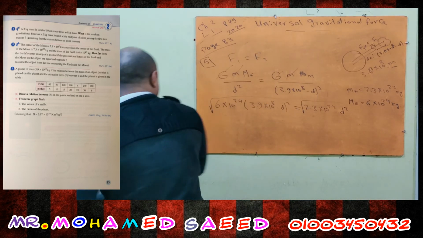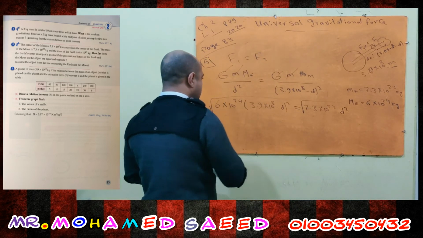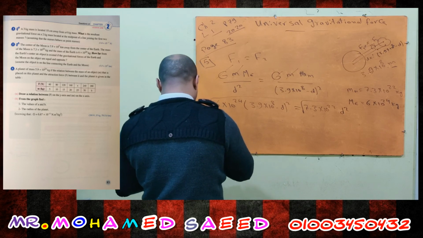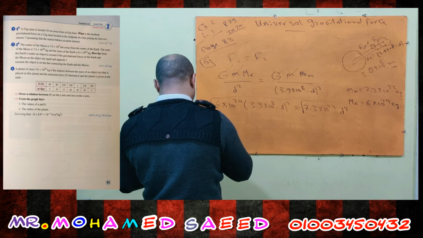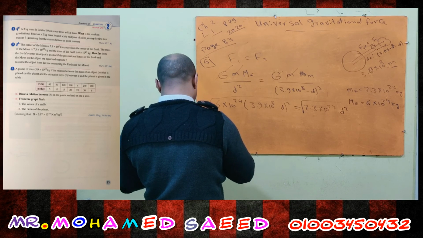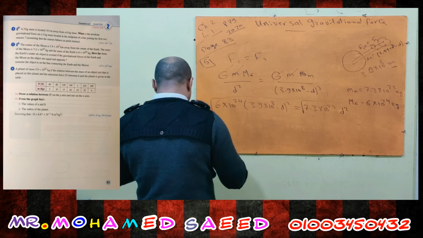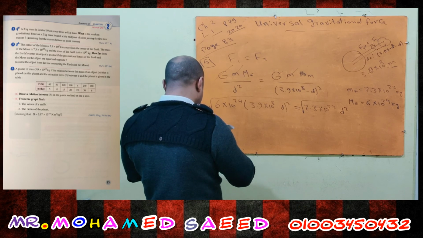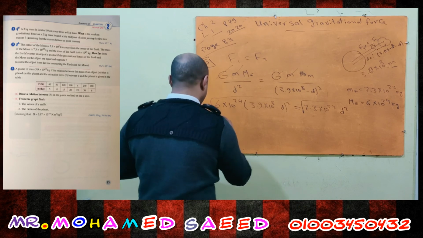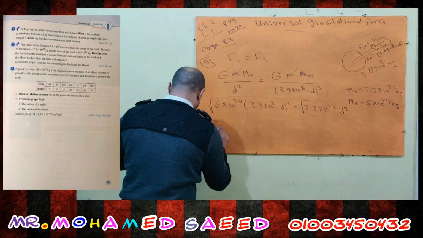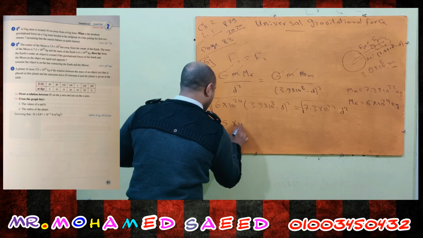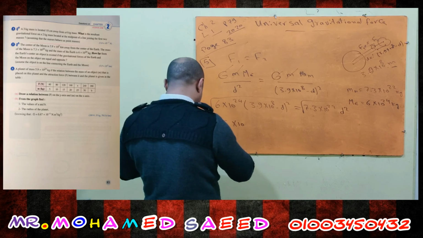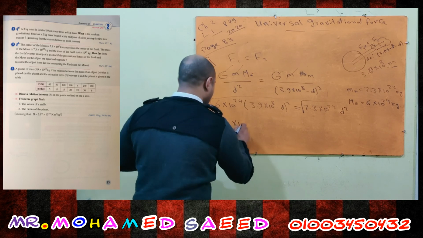Square root of this number. Square root of 6 times 10 to the power 24 equals approximately 2.5 times 10 to the power 12.